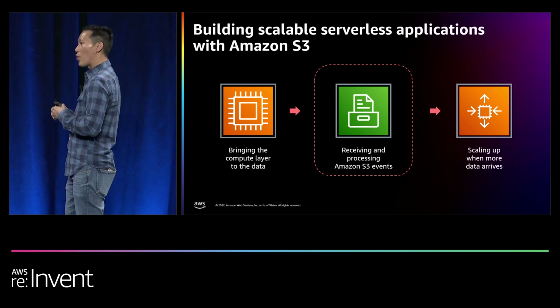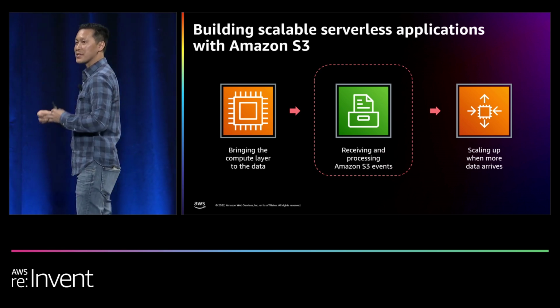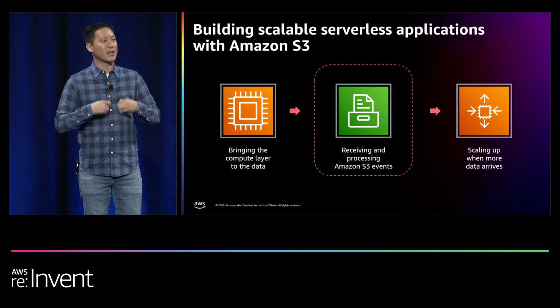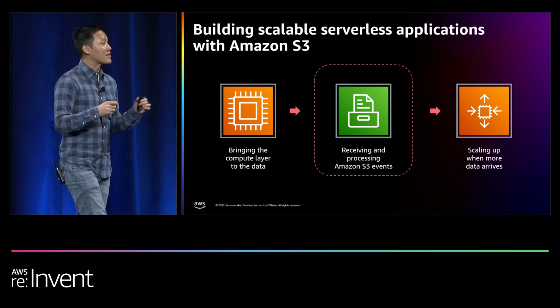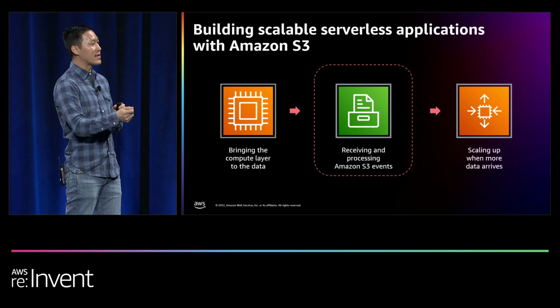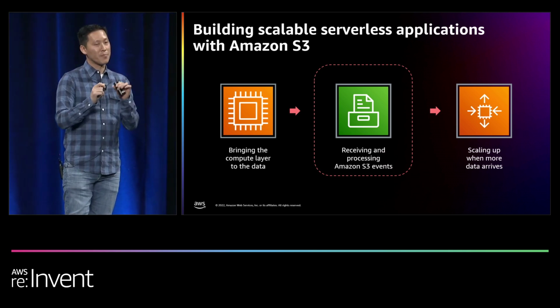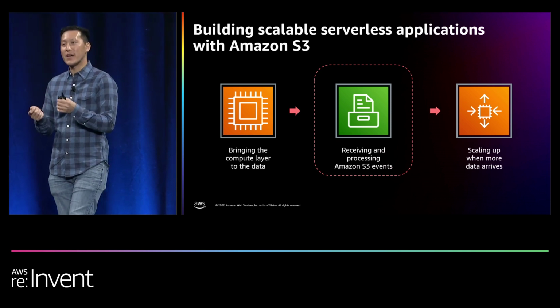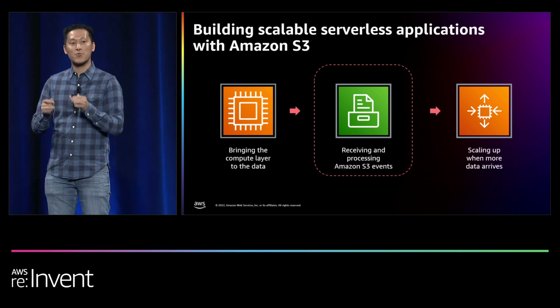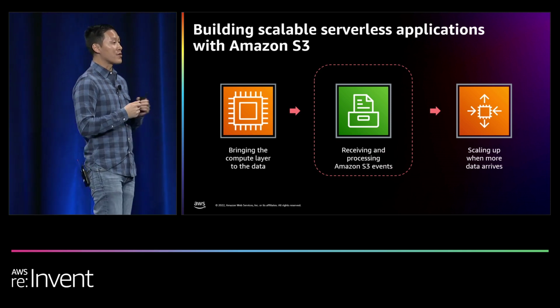But what if instead of waiting for that batch process, you can say, I've received an event or a notification that something has just happened, and I want to take immediate action against that. So this is an example where you can have an image put into an S3 bucket. It triggers an event notification that says, an object was just put into this bucket. Is there anything that you want to do with that?